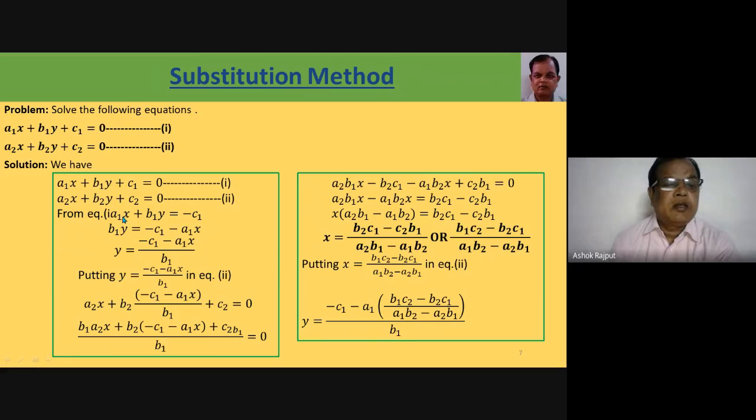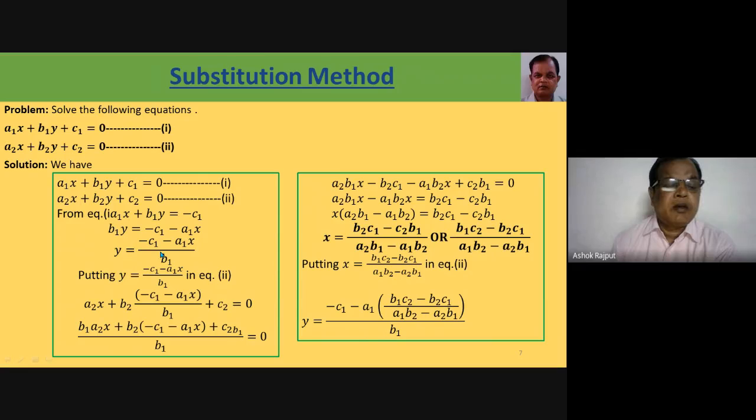because it is already minus, as we have transposed, and then a1x we have transposed to the right. This one is a typing mistake. Then we are going to find the value of y, so we divide by b1 on both sides.